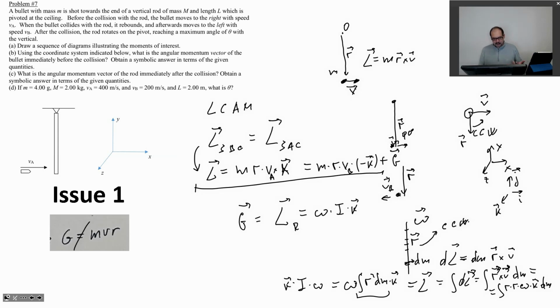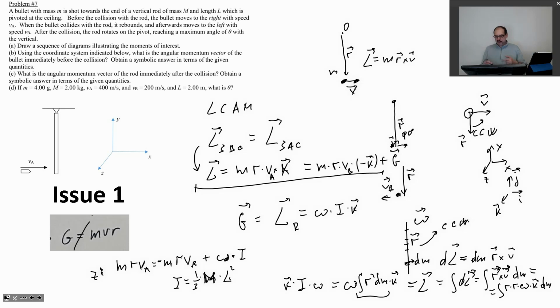So your equation relative to the z-axis, so we can drop k's, will look like this: m r v_b, minus, plus omega I. And for I, you have to write big M, the mass of the rod, times the length of the rod squared.